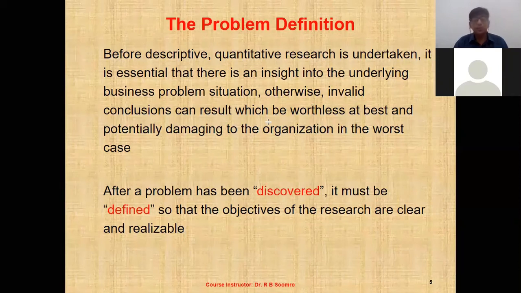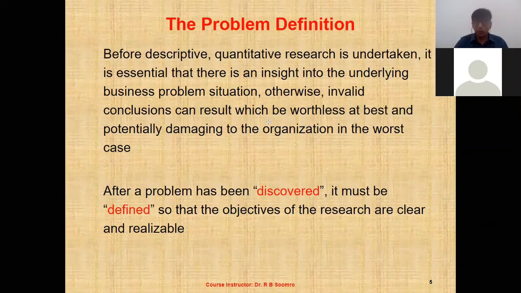The problem has been discovered. Now you have to define the problem, in which area you are losing. That means you have created geographical limitations of your problem: whether you are facing this problem in one city, in several cities, or in two cities, like this.